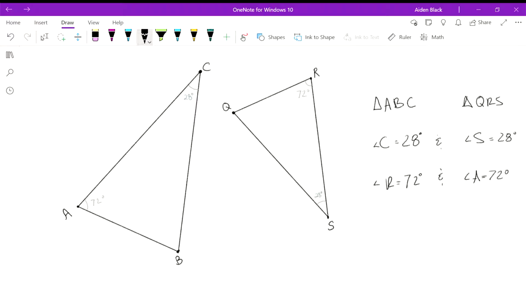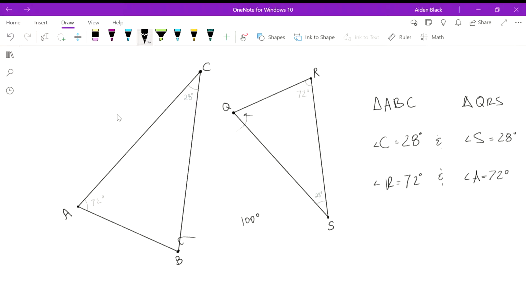We know this by the angle sum theorem, because we know that every triangle, all interior angles, should sum up to 180. So if we were to think about that, we're missing these angles Q and B, but we know that if we sum up angles R and S, or angles C and A, we end up with, what is that, 100 degrees?